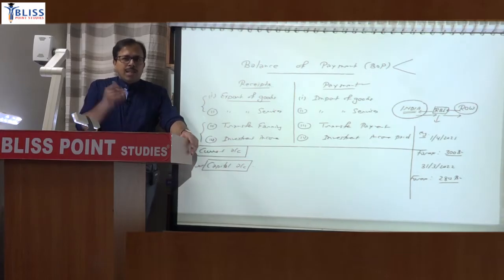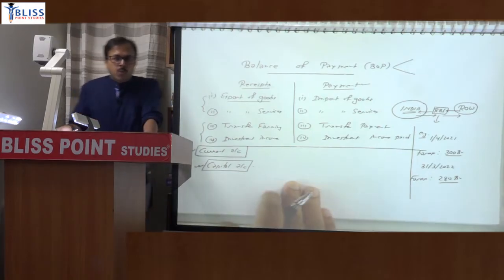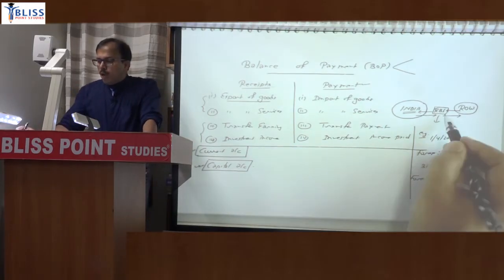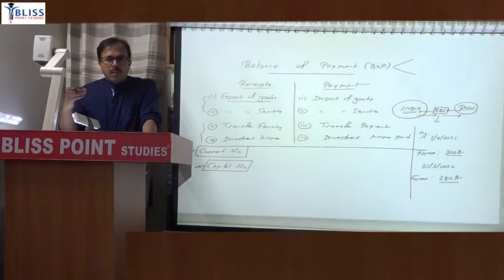The interpretation is that during that period, 1st April 2021 to 31st March 2022, there must be more outflow as compared to inflow. More outflow, less inflow, only then the reserve will fall.